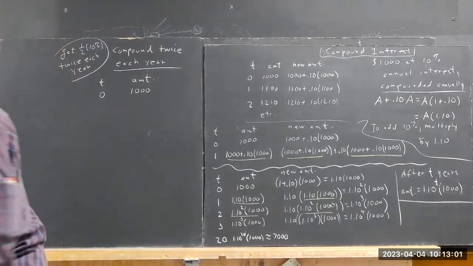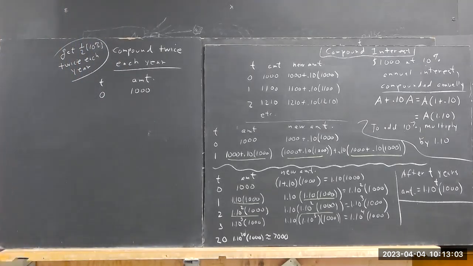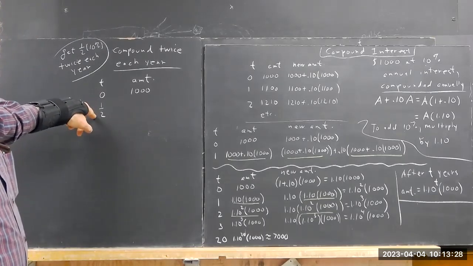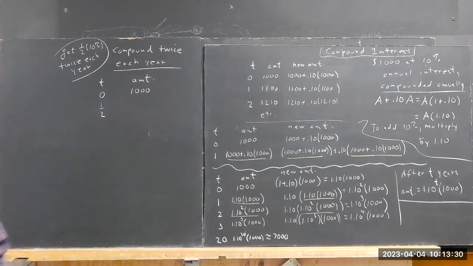How much are you going to have after the first year? Careless wording. Want to know how much we have after the first compounding? That's after 6 months. T is a half. Okay, and then see if you can figure out what we have after the first year.